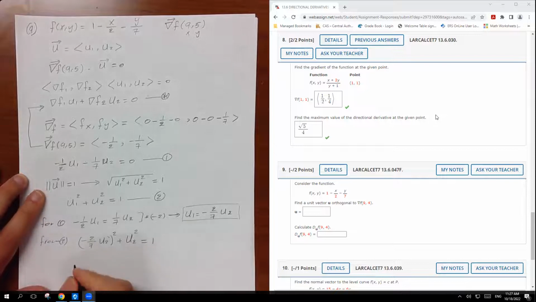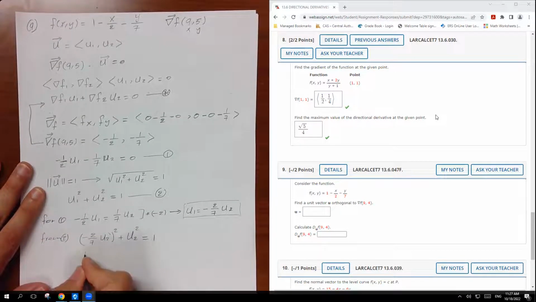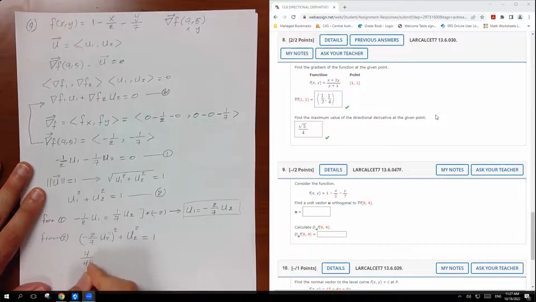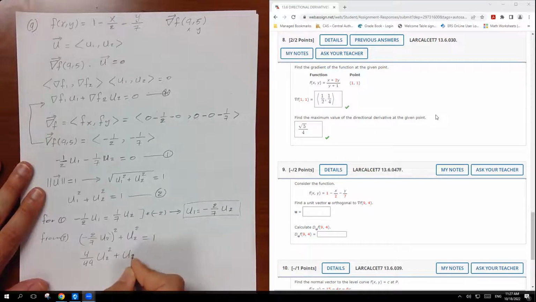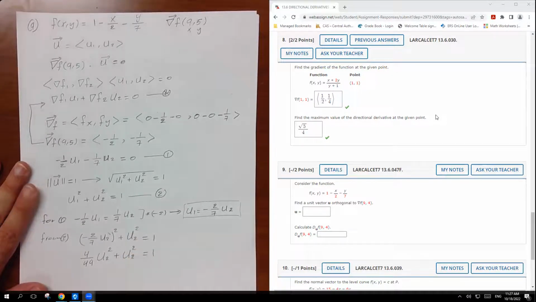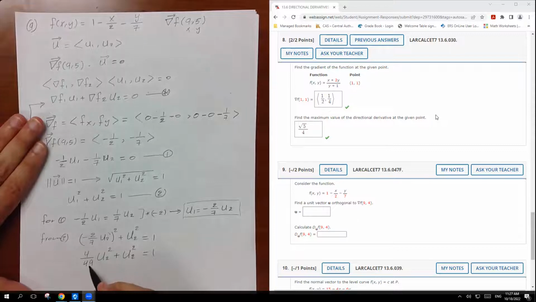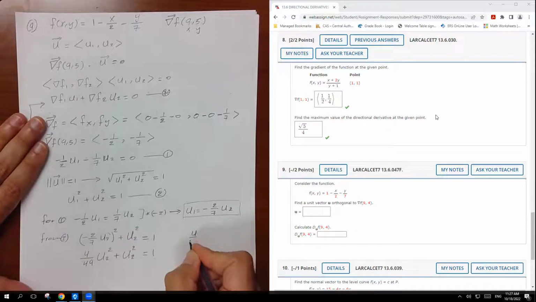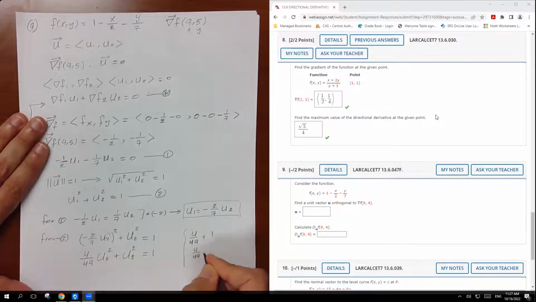Now square this, it's going to be 4 over 49 u2 squared plus u2 squared equals 1. Now we have to add 4 over 49 with 1. So 4 over 49 plus 1, which is 4 over 49 plus 49 over 49.